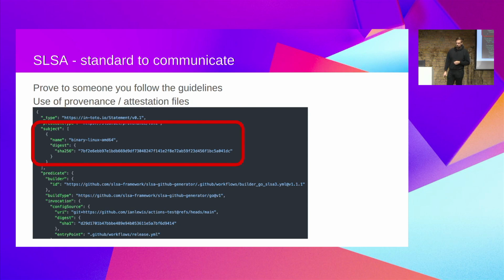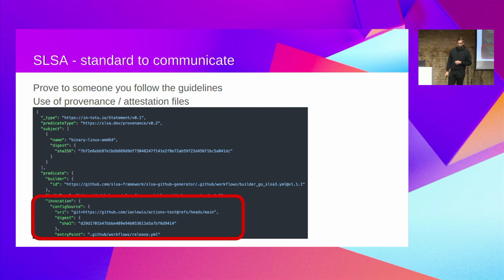Let's go through here. A couple of things to note of the provenance is that you have the SHA-256 value of the binary itself, and you have the source code that got built, that you built this binary with, as well as the entry point of the workflow that you invoked to build the binary.